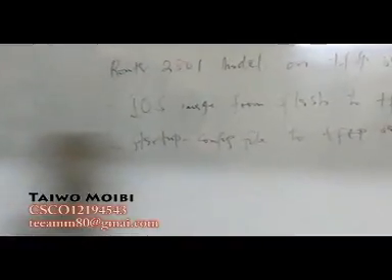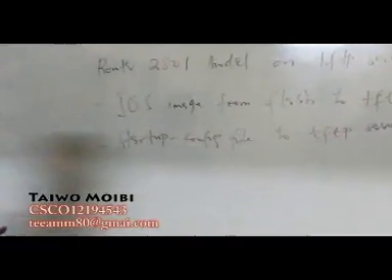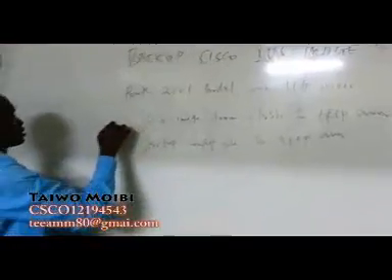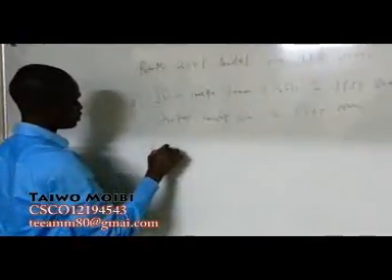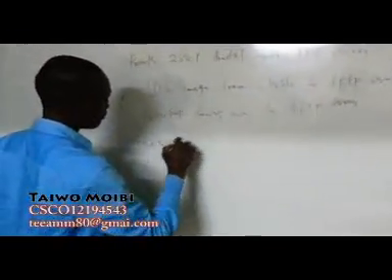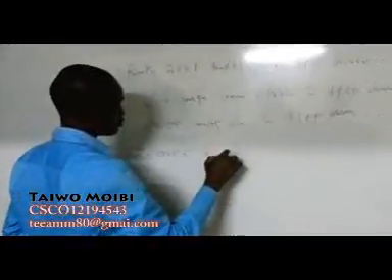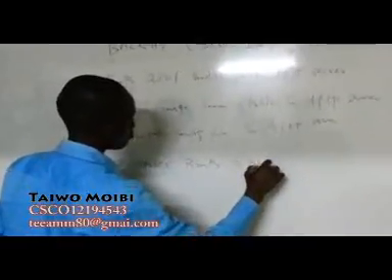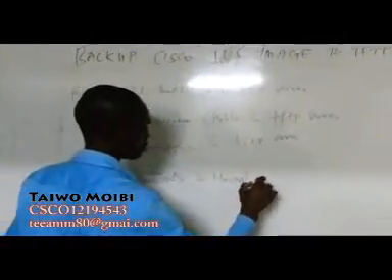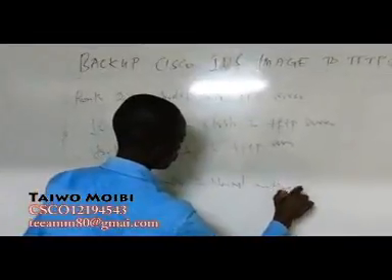Then maybe when the router has configuration issues or it is lost due to damage or corruption of any of these files, maybe the iOS image file or the setup configuration file, then we can get the backup to restore the router to its normal working process.